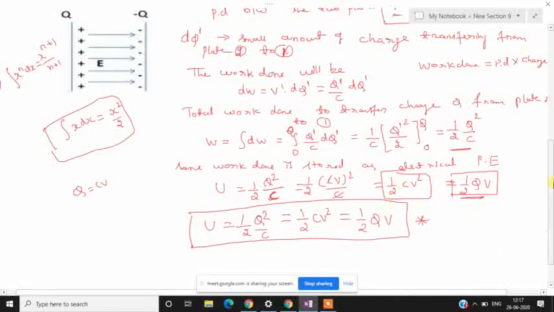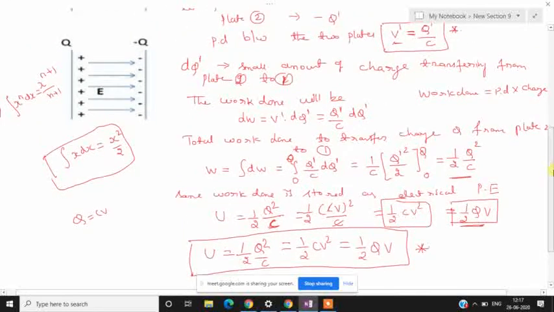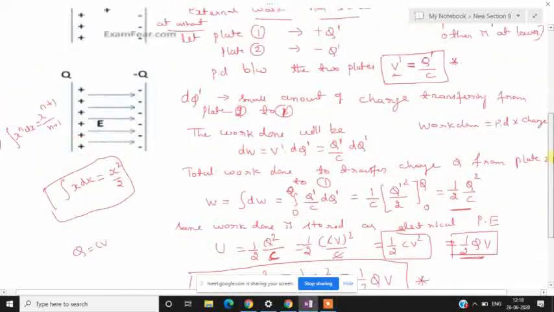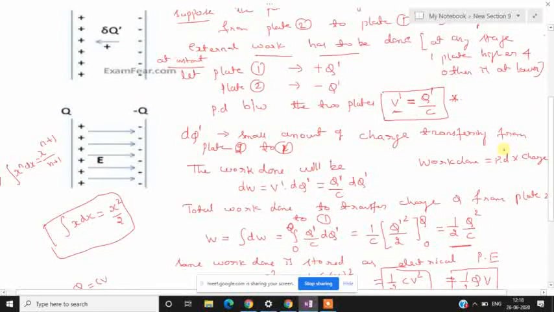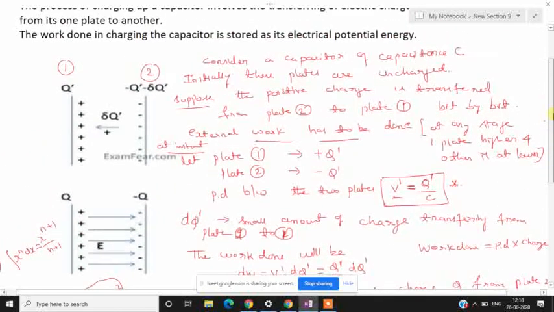Okay, is there any doubt? Anybody? So we are taking the charge from minus Q to Q, then W is equal to we are taking from 0 to Q. What? You're not clear? Actually, we are taking the charges from minus Q to Q. Yeah, you're taking a plus dq dash from plate 2 to plate 1.